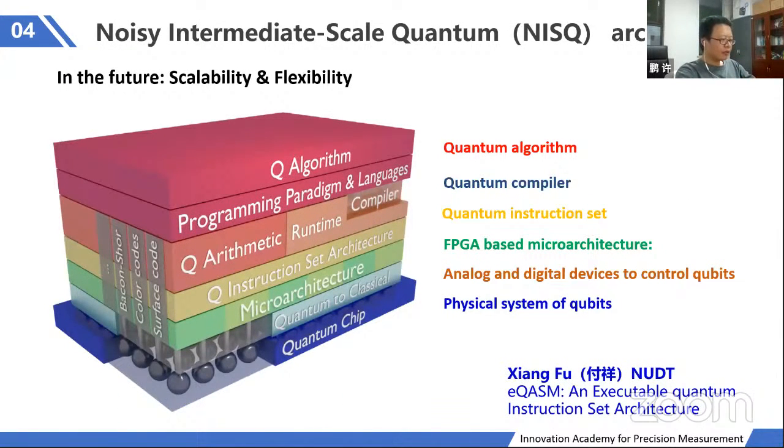And for the microarchitecture, I think the neutral atom system is almost the same as other apparatus. I think it will be divided into all these different parts, from the physical system of qubits to the analog and digital devices to control the qubits, and also the microarchitectures and quantum instruction set.